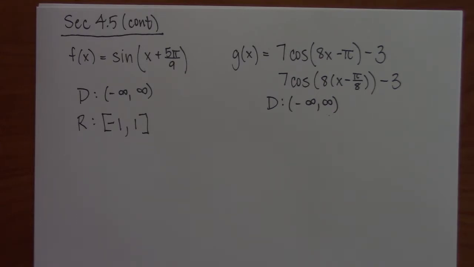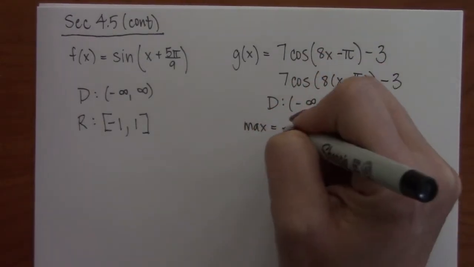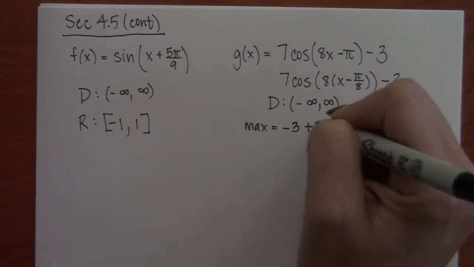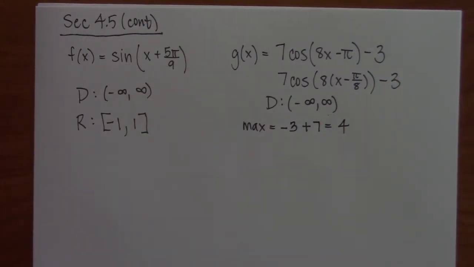For the next one, what happened was we shifted the wave down 3 units. So now the center of the wave is at -3, right? But the amplitude is 7. So for the maximum value of this wave, you start at its center and add the amplitude, and you get that the peak is now at 4.